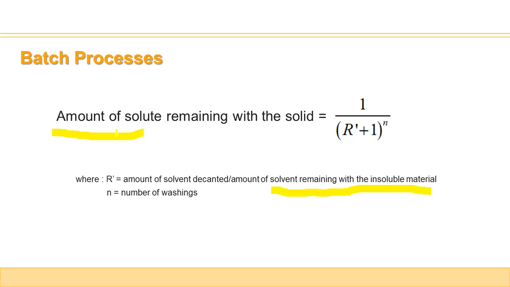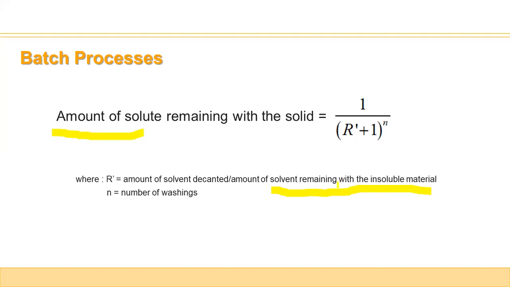So again, if this part here is the solute remaining with the solid, the R prime is the solvent remaining with the insoluble material. So this left side of your equation and this R prime are referring to the solute and the solvent respectively present in your underflow. Why?